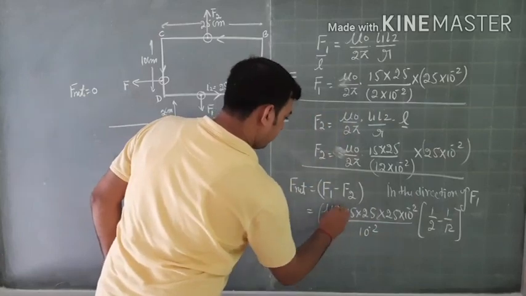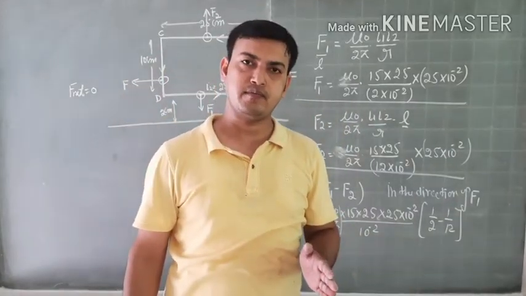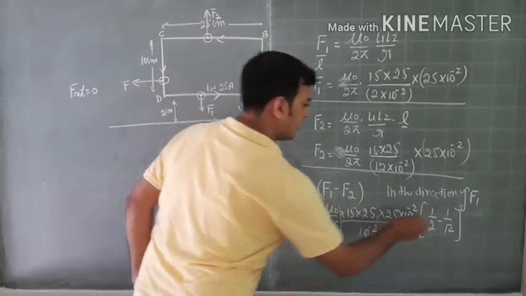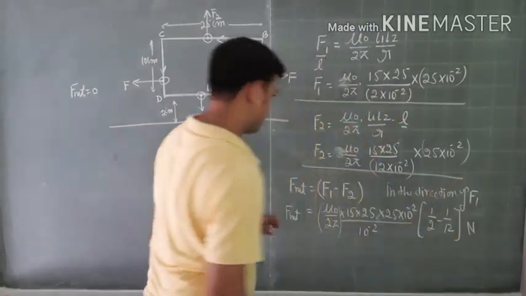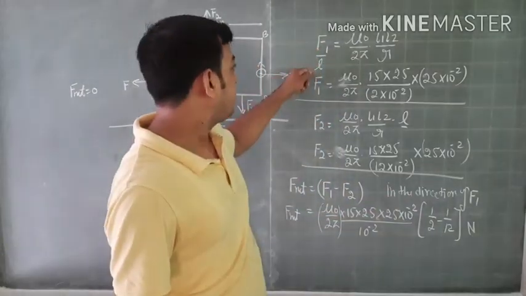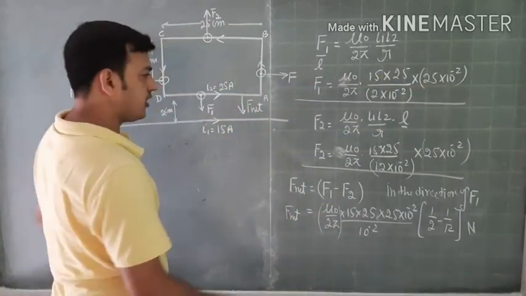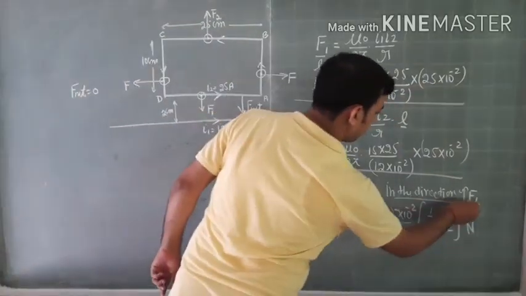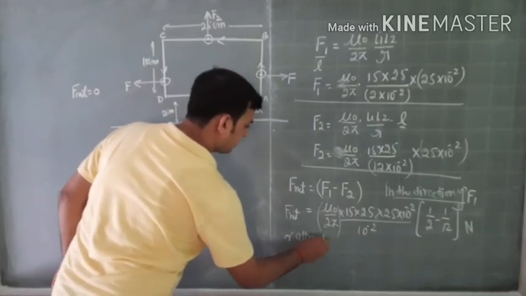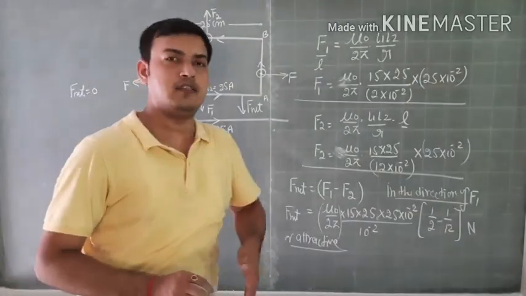You know that the value of mu naught by 2 pi is 2 into 10 raised to power minus 7. So you can put the value and find out the answer. And the unit of this force is Newton, because it is the force. It is not the force per unit length, because I have multiplied it by the length. So this is the net force, and the nature is in the direction of F1, or you can write attractive. So this wire is going to attract this loop.